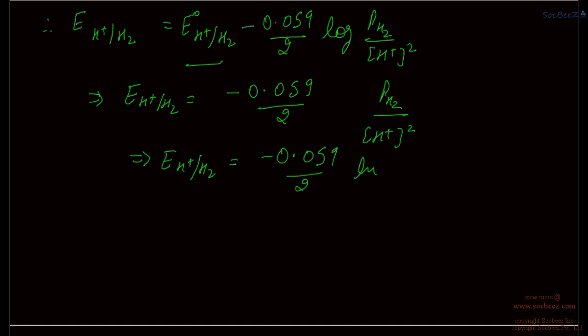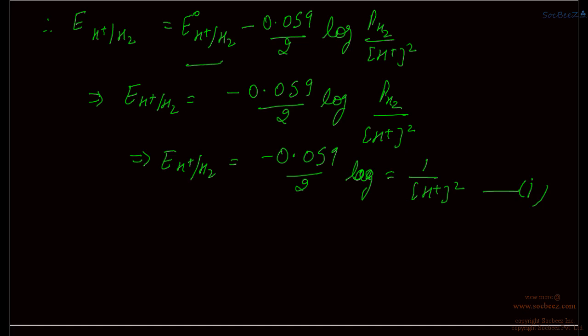Here it is log, not ln. So this equals minus 0.059 upon 2 log of 1 upon H+ squared. This is the initial value of E H+/H2 when the pressure of H2 gas was 1 atm. Suppose this is equation 1.